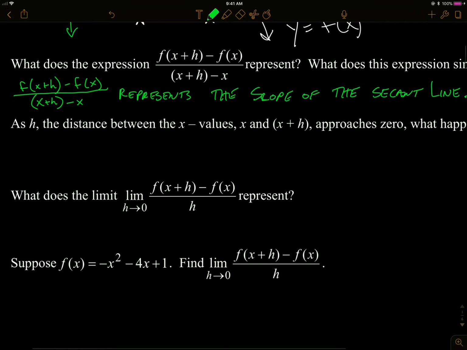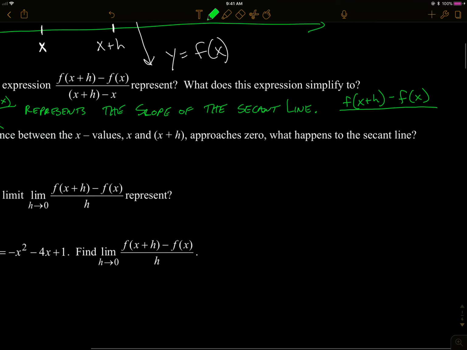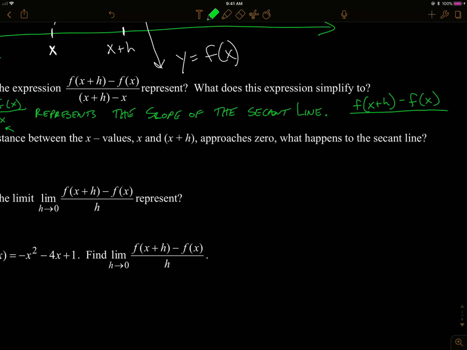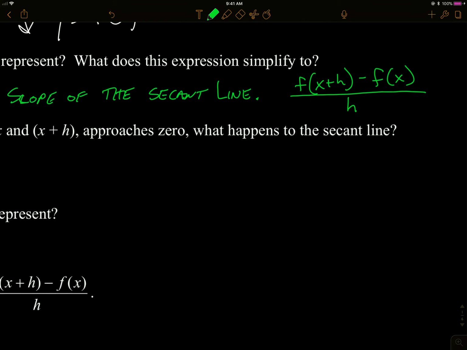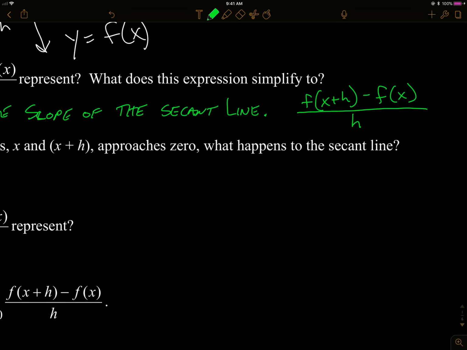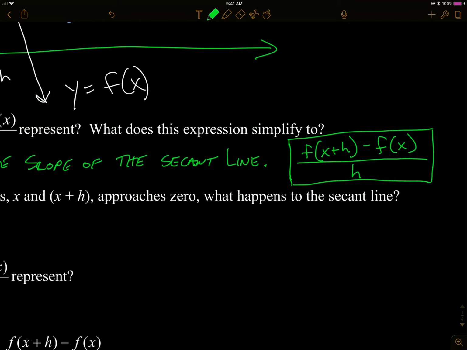But on the bottom, you can simplify it because those are just some x values. So x plus h minus x. The x minus x equals 0, so it ends up just being over h. Okay? So that's what it simplifies to. And we're going to see this a lot. Remember that this essentially means change in y over your change in x. It's a slope.